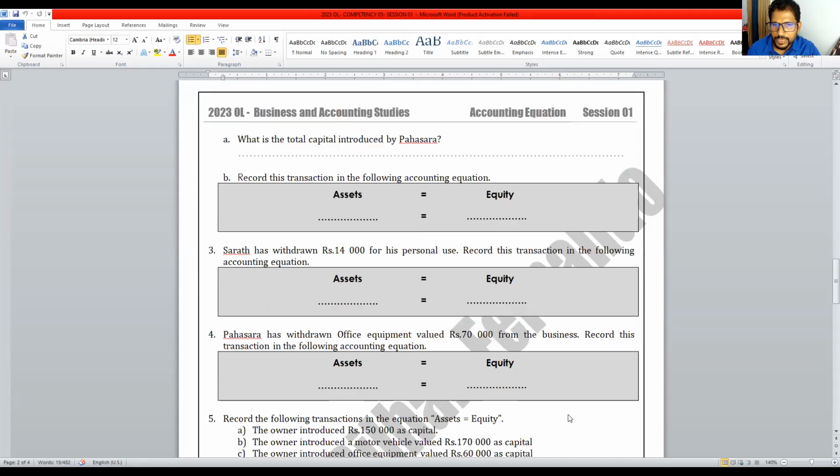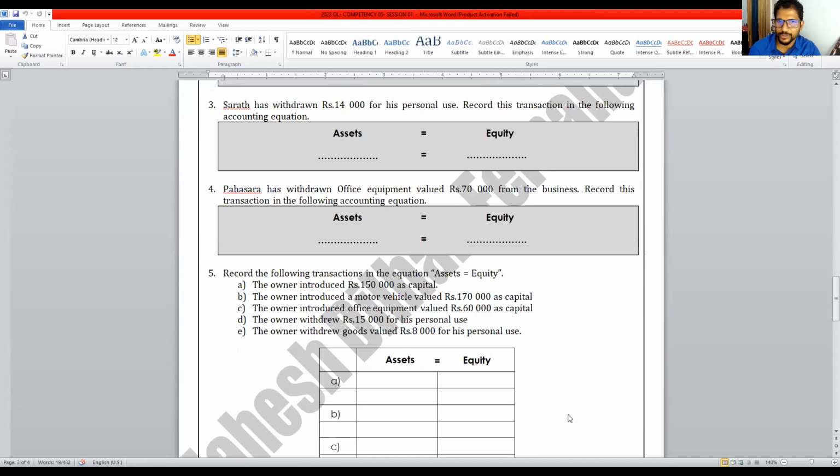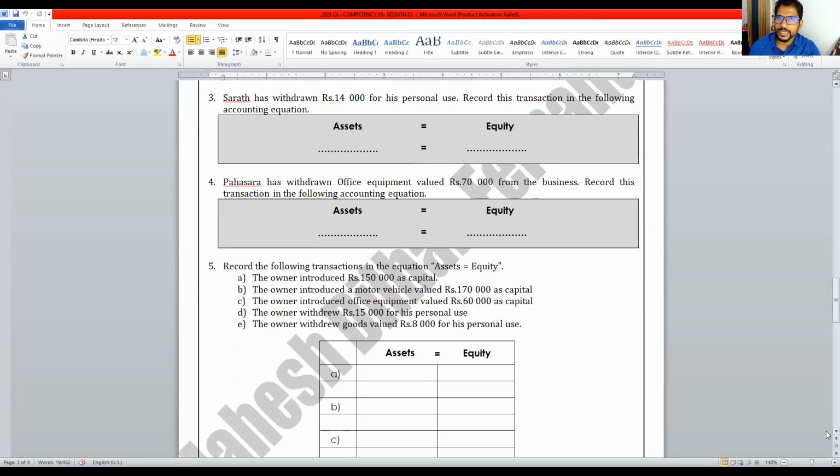Now, when Sarath introduces cash or assets to the business, what happens? Assets increase. No. Look at this one. Now, I told you, according to the business entity concept, business is separated from its owner. Remember that.